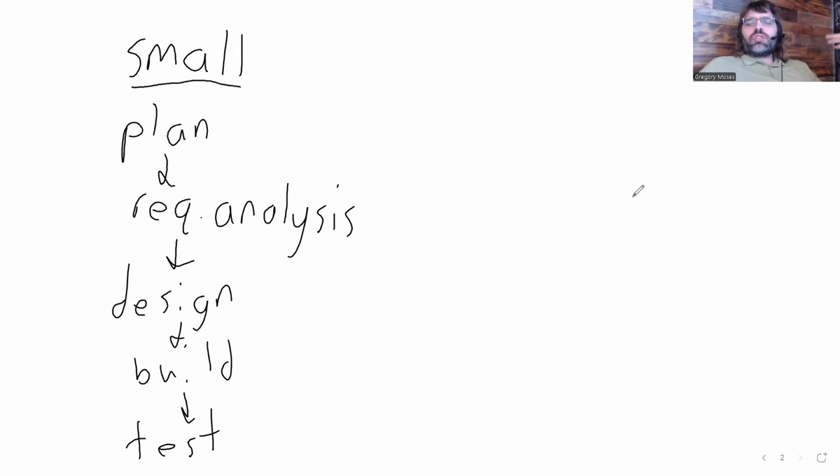So if you just put the steps of agile development on the whiteboard, it really looks a lot like waterfall. You start with a plan, you figure out what you need, you design something, you build something, and then you can test and deploy it. But when you're using the waterfall model, this is the entire process.